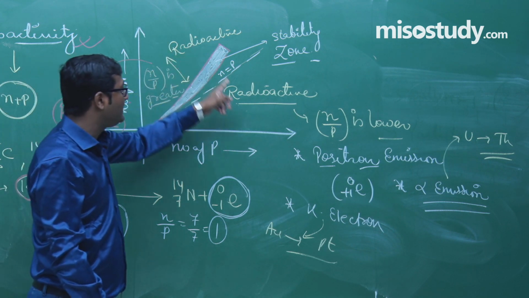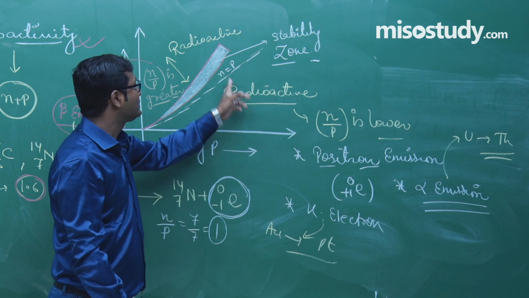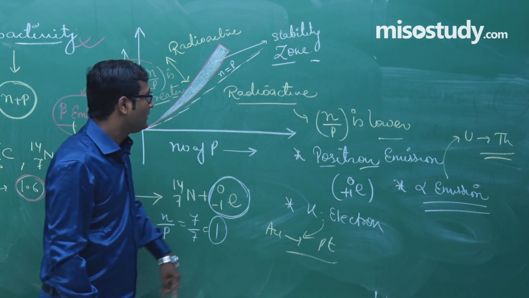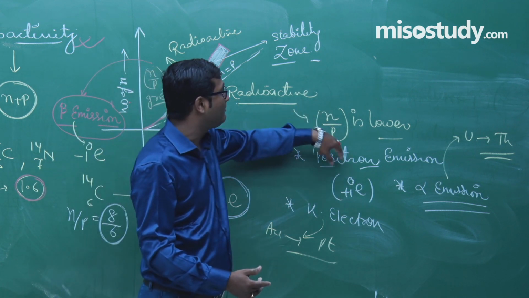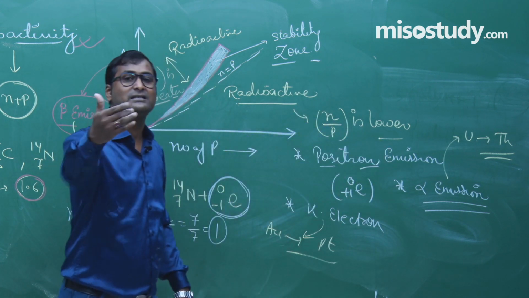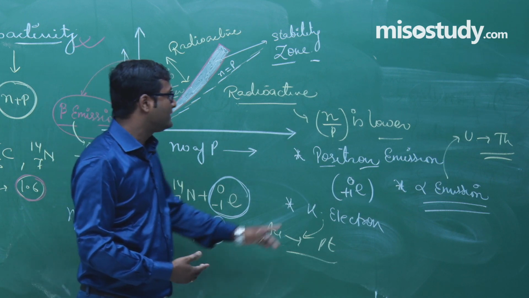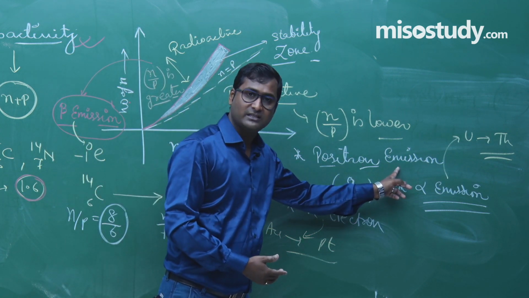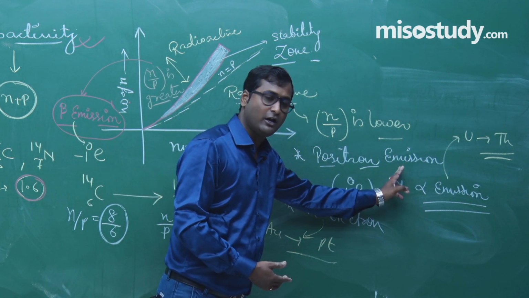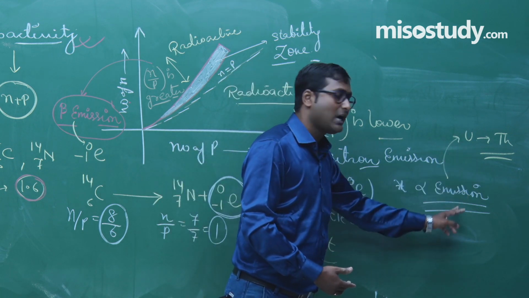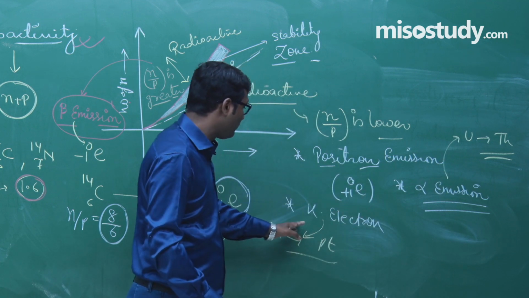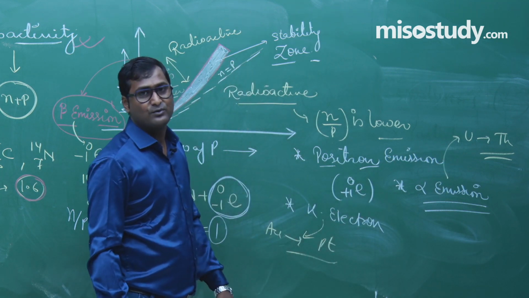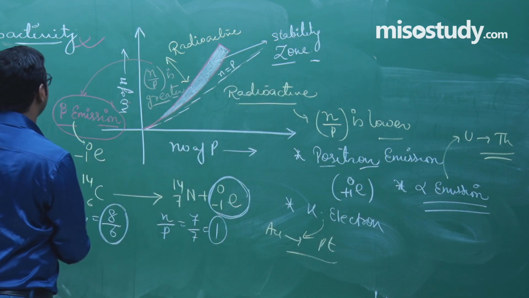If the N by P ratio is lower, below the stability zone, to increase the N by P ratio there must be positron emission. In case of artificial radioactivity there must be alpha emission in case of natural radioactivity, and the third one is K electron capture. I think now you are familiar with this topic.